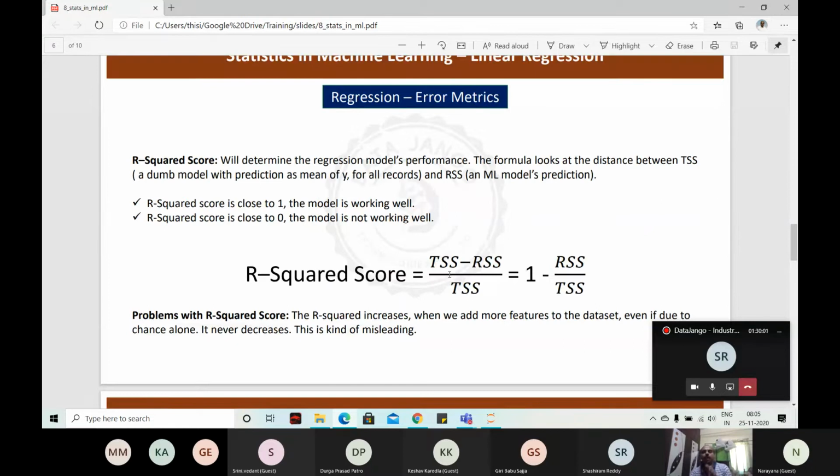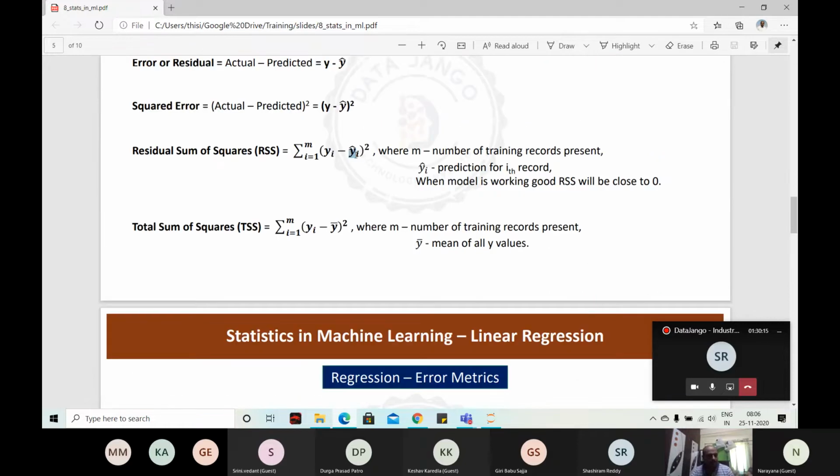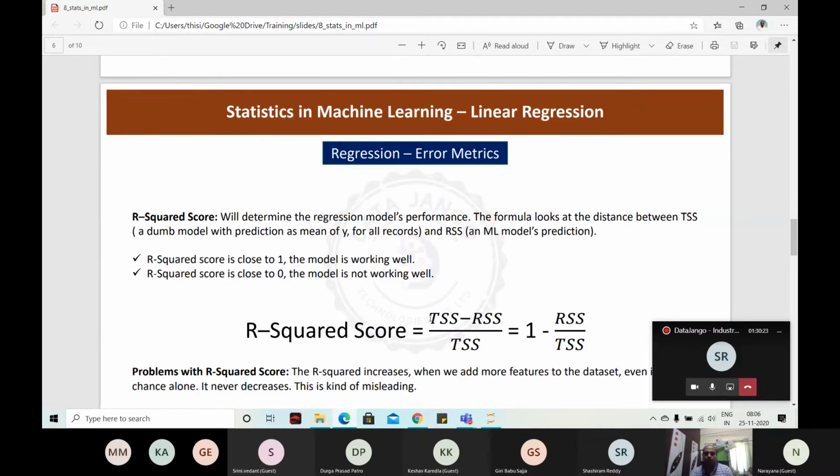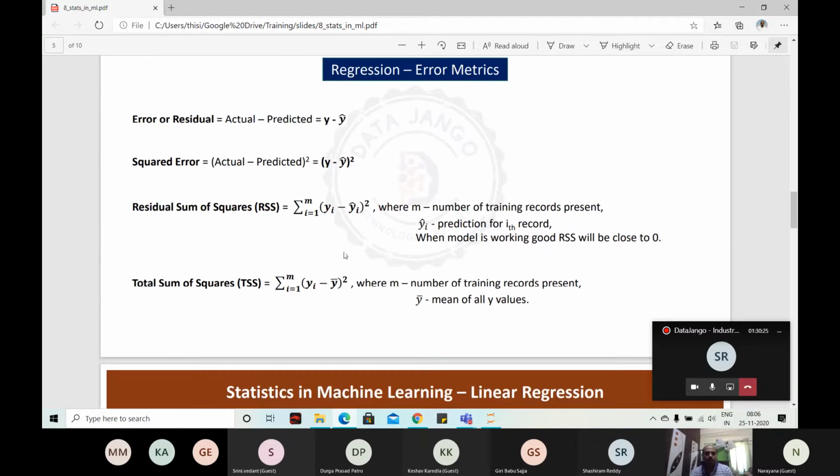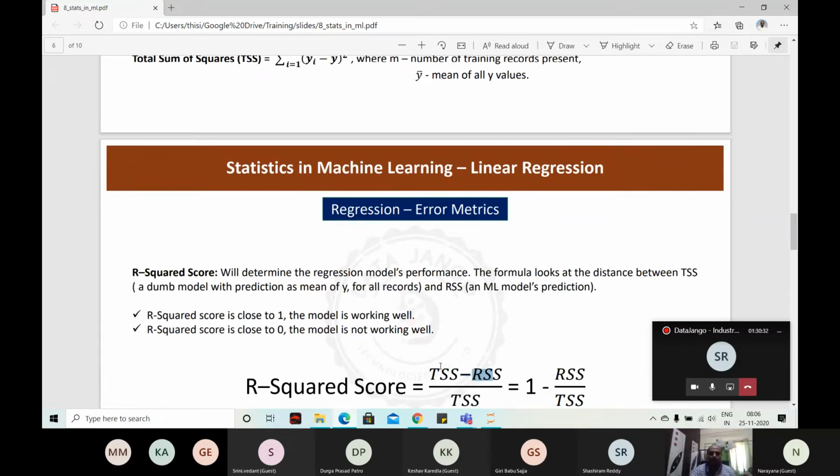The R square score is going to compare the metrics between the dumb model and the intelligent model. If RSS together with TSS shows my model prediction is as good as the average of all the target variable values, if these two are close to each other, then I did a lot of work to do cleanup and all that, built a model, and ultimately I'm getting a number close to TSS.